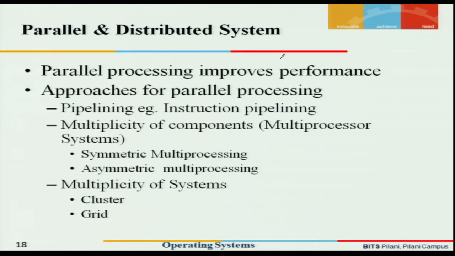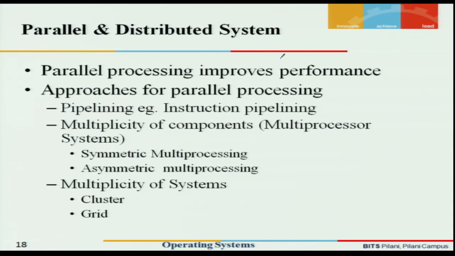So we are looking at a multiplicity of systems. Parallelism can be introduced by multiplicity of components inside a system, and parallelism can also be introduced by multiplicity of systems, where we use multiple systems to solve a particular problem.